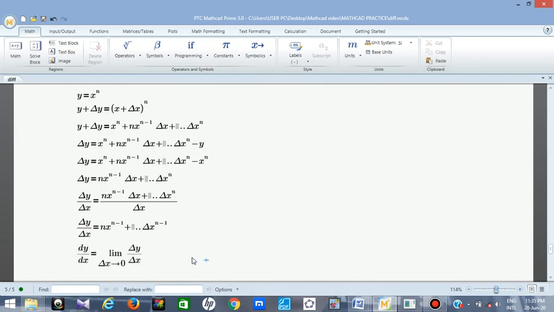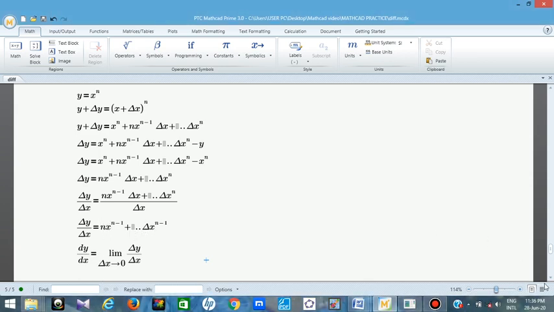So what is the limit of this function? The limit is when delta x approaches 0, you substitute 0 in this place. Then 0 raised to power any number is 0. I know we are adding it plus that, so that is all. You are now left with this value.